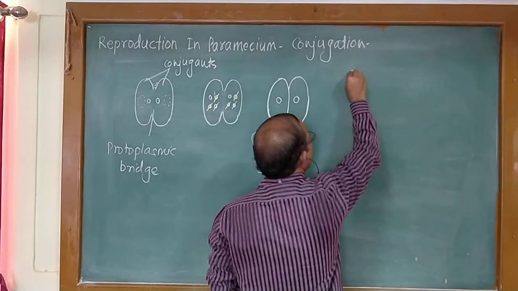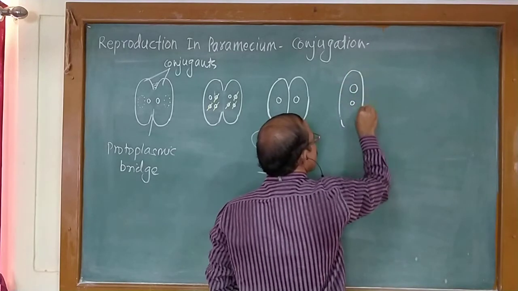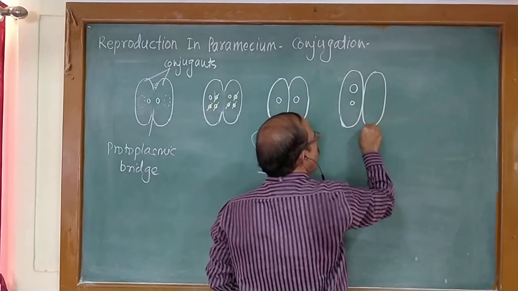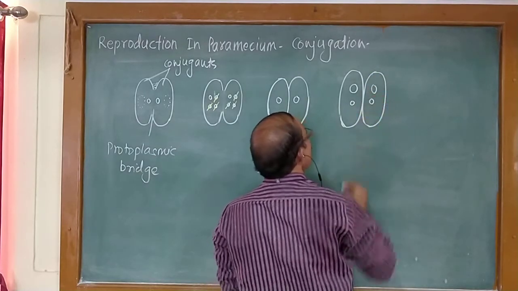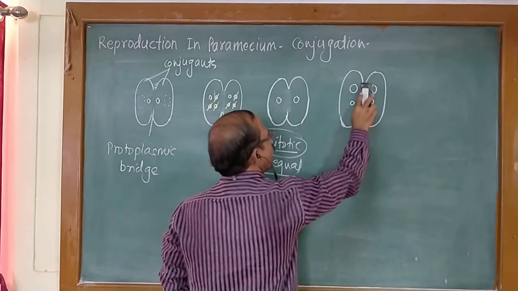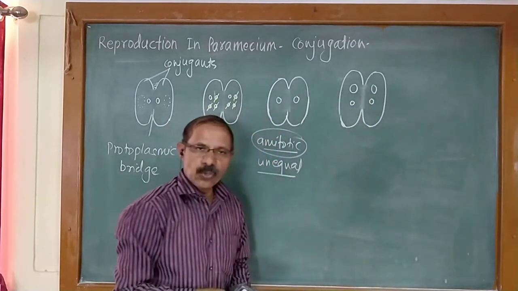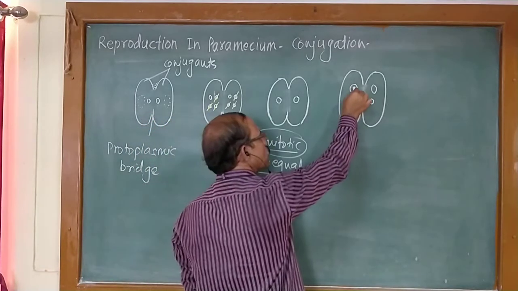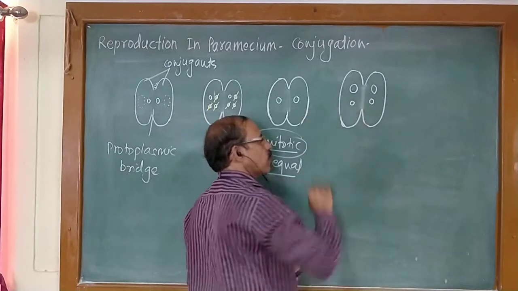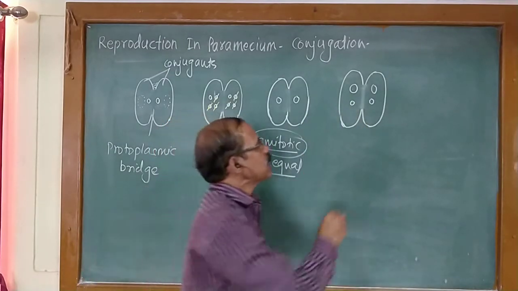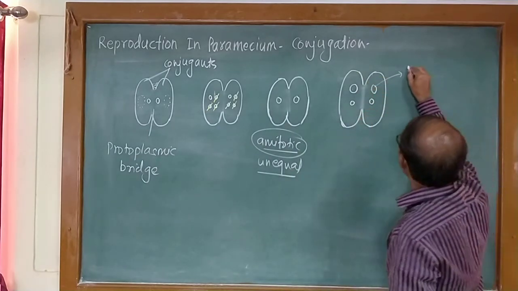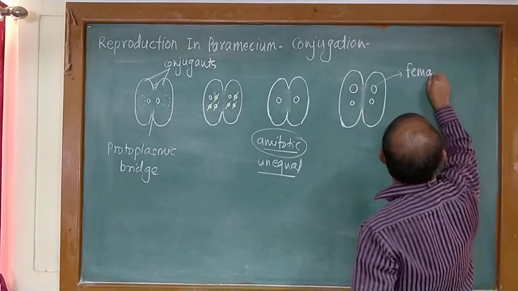In each ex-conjugant, 2 nuclei are formed by the unequal division of the single nucleus. The larger one is stationary and is called the female pronucleus.